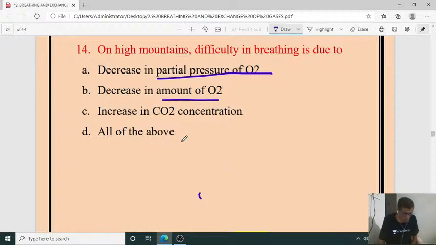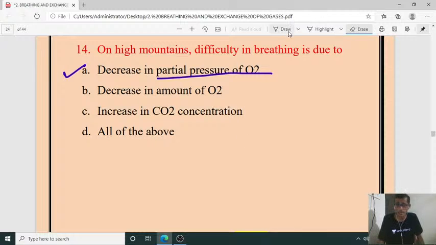But the right answer, yes Manoj, for the 13th one you are right. For the 13th question, A is the right answer. Yes, 500 ml. And for the 14th one, the right answer is decrease in the partial pressure of oxygen.